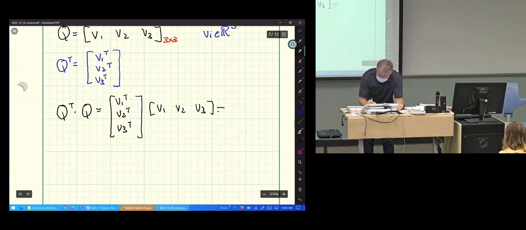That's an equal sign. And for us, this has to be the 3 by 3 identity matrix.